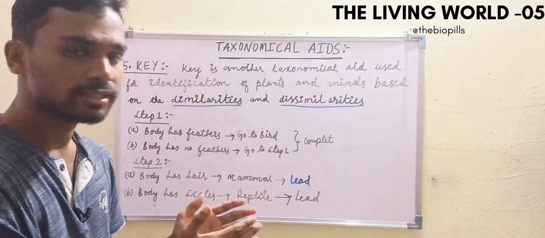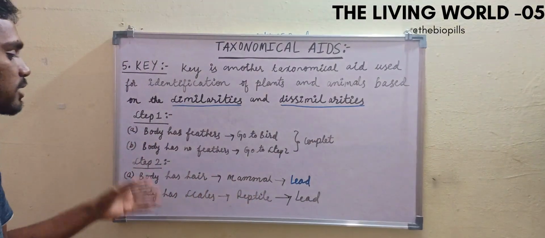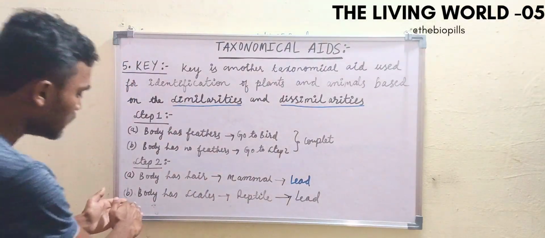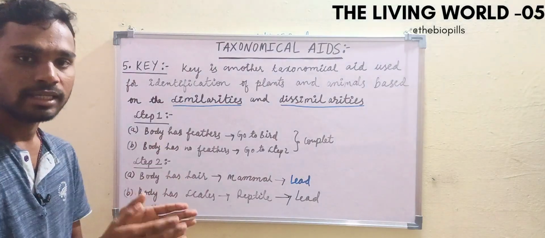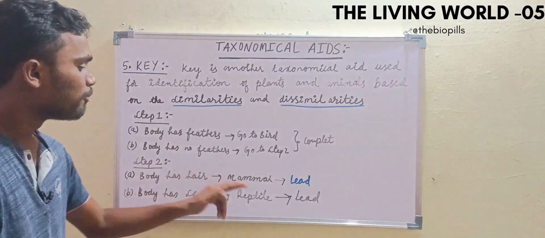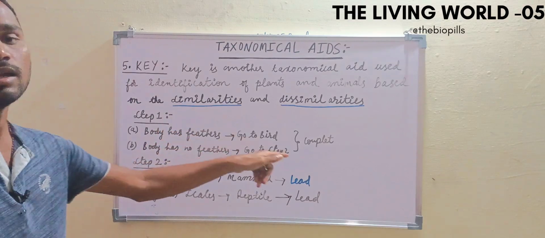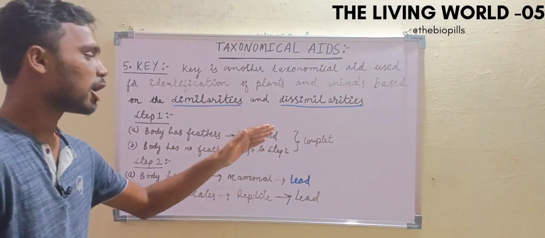With respect to the NCERT context, body has scales means this character belongs to reptiles only. So here each statement is called a lead. In a key, each statement is called a lead and a pair of statements is called a couplet. This is the difference between lead and couplet.